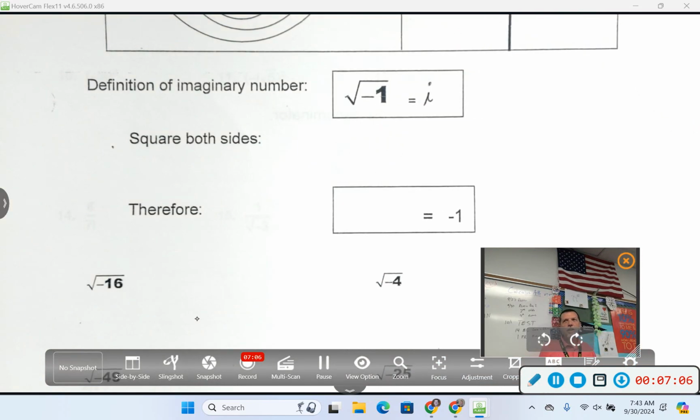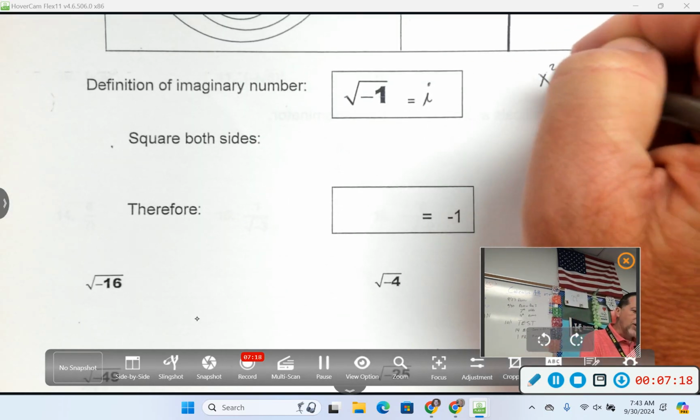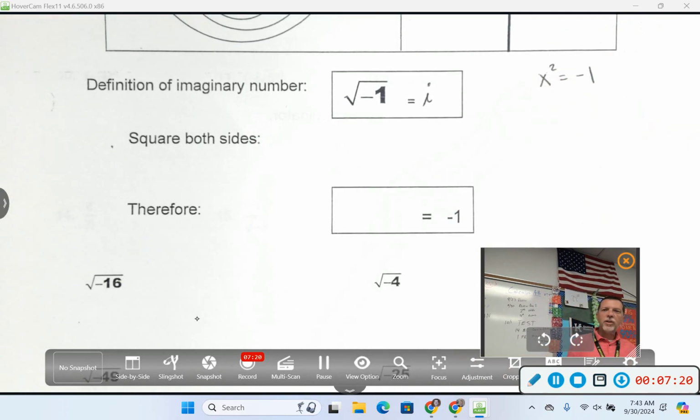And so if the question in your mind is, where did that come from? It's a good question to have because the Council of Mathematicians long ago got together and said, you know what, we need to have a solution to this equation. If x squared equals negative 1, you're like, well, there isn't anything that you could square to get to negative 1. And up until you learn about imaginary numbers, you just say, oh, we can't do that.